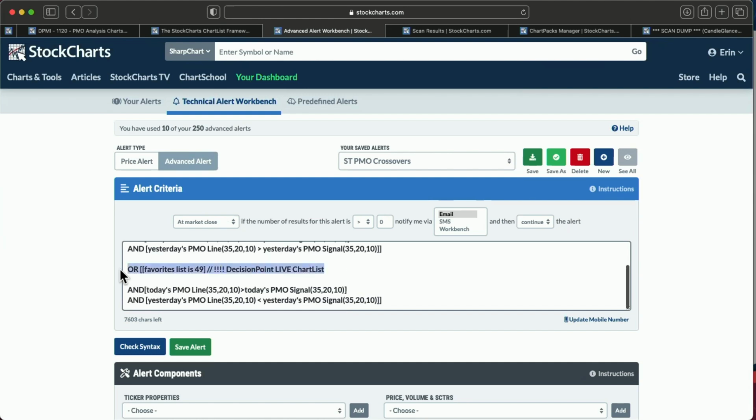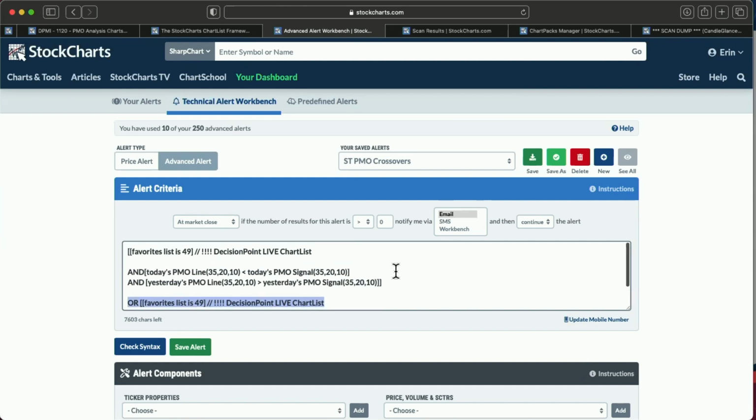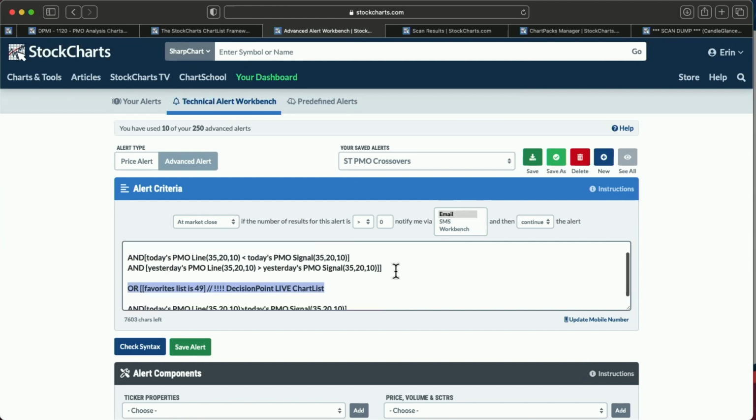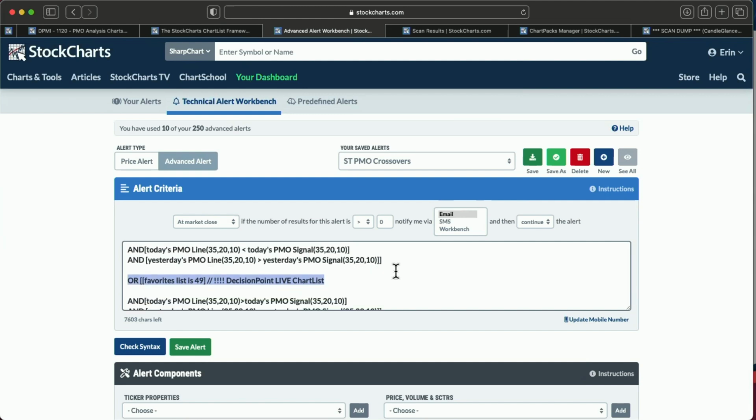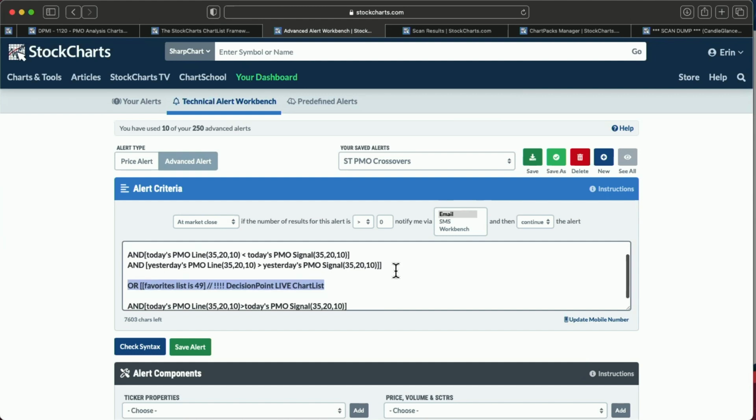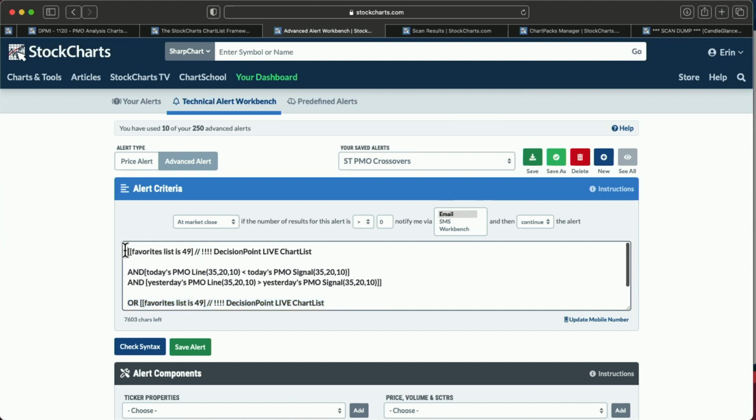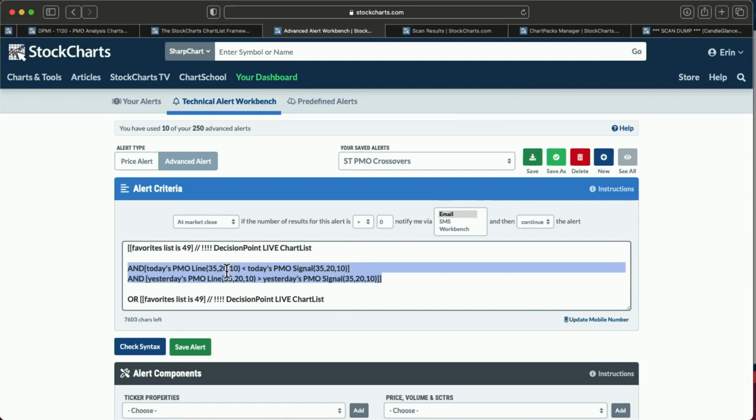but I also am scanning on 2 chart lists. And I did mention this, so I do want to cover this. If you want to scan on more than one chart list, you need to think about the and the or functions. So in this case, it is the same list, but I have different parameters for that scan. So I have the list, and those are the parameters, but I also want to look at the opposite.